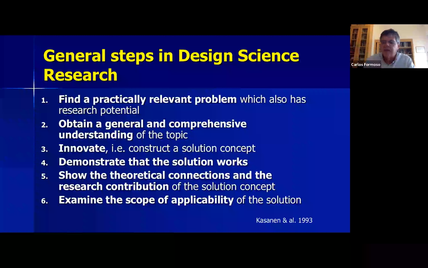No, it's not. It is limited to a range of situations. So it is prescriptive, it helps people to solve problems, and at the same time, it's not universal. And we must discuss the applicability of solutions in design science research.